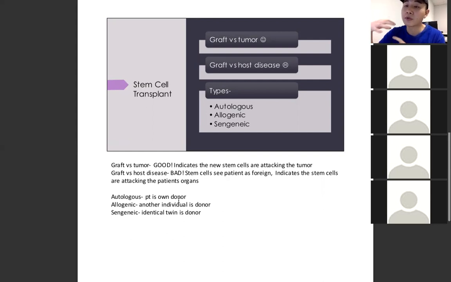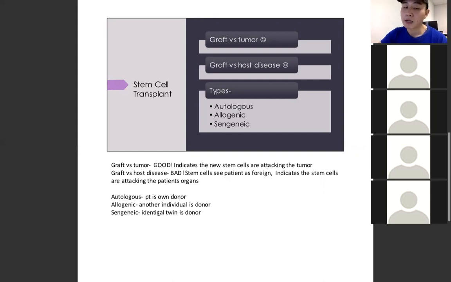and reserve it. And then they would use chemotherapy to kill everything in the body, including the bad cells and the good cells. And after they think that they have already eradicated all of the bad cancer cells in the body, they then use the reserved stem cells that they have taken out earlier and put them back into the patient. That is called autologous bone marrow or stem cell transplant.